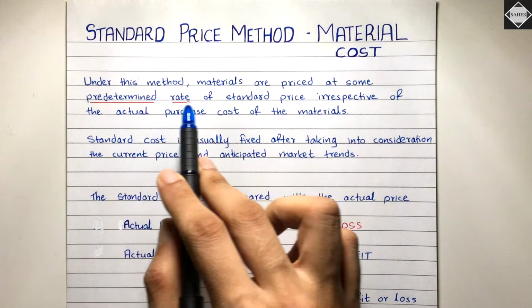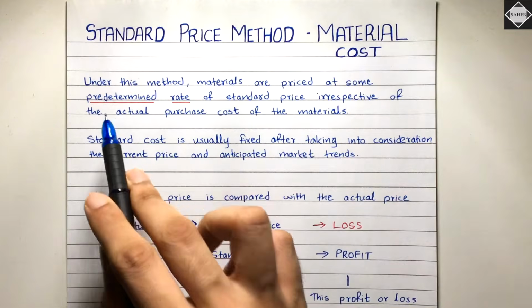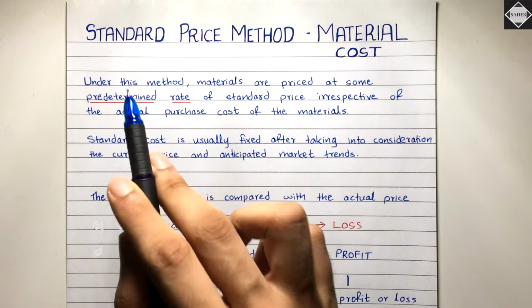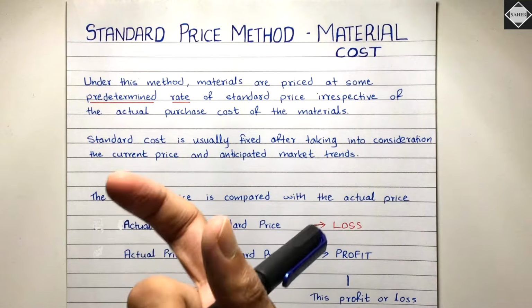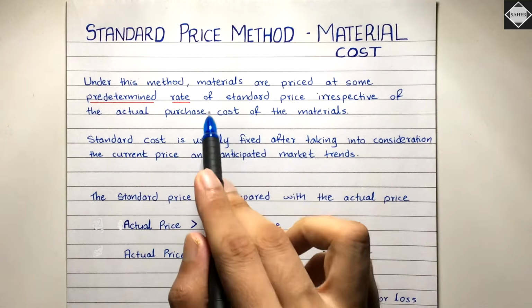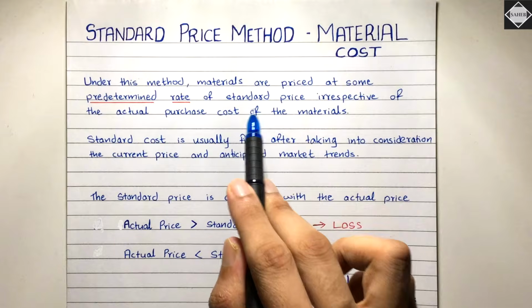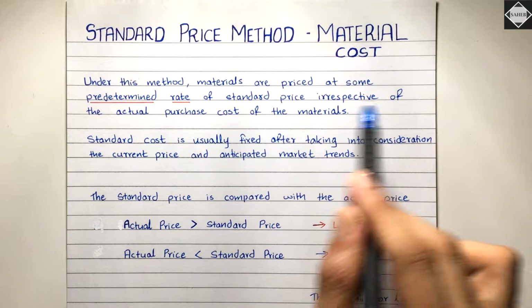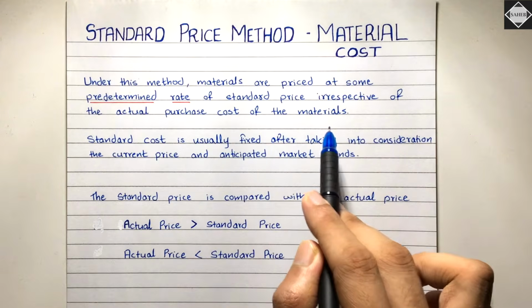Under this method, materials are priced at some predetermined rate. Yes, beforehand itself, we will determine a rate. We will fix a rate, which is called a standard price, irrespective of the actual purchase cost of the materials.